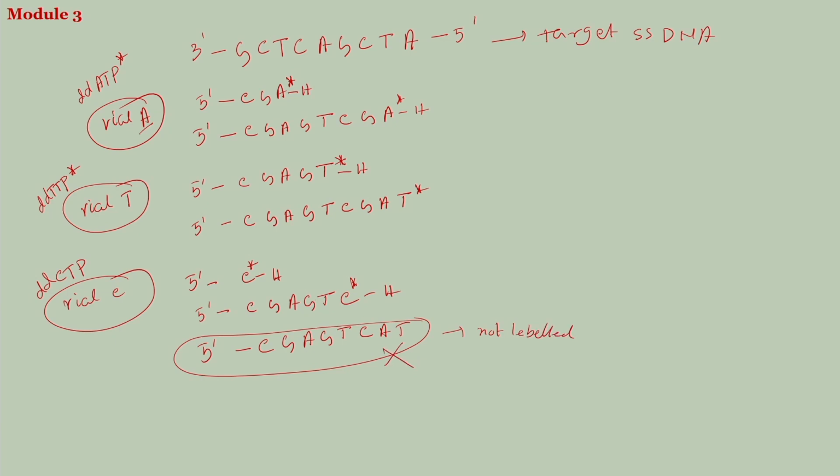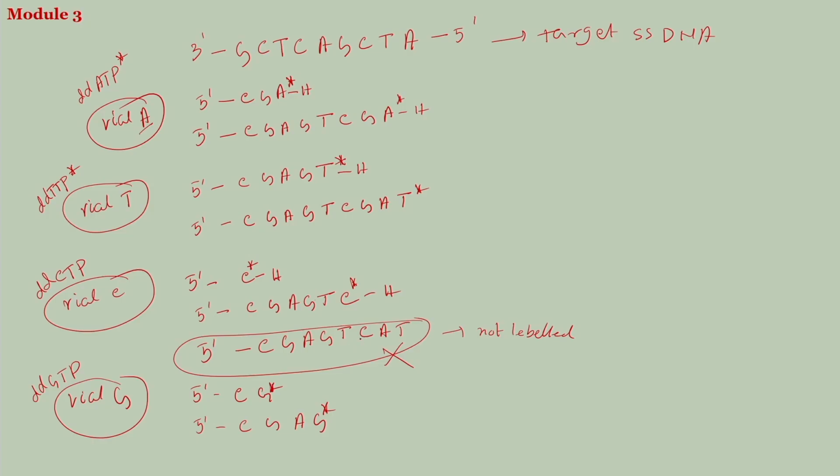And vial G, that has ddGTP. Fragments are C G, this, C G A G, another here. Is there anything else?